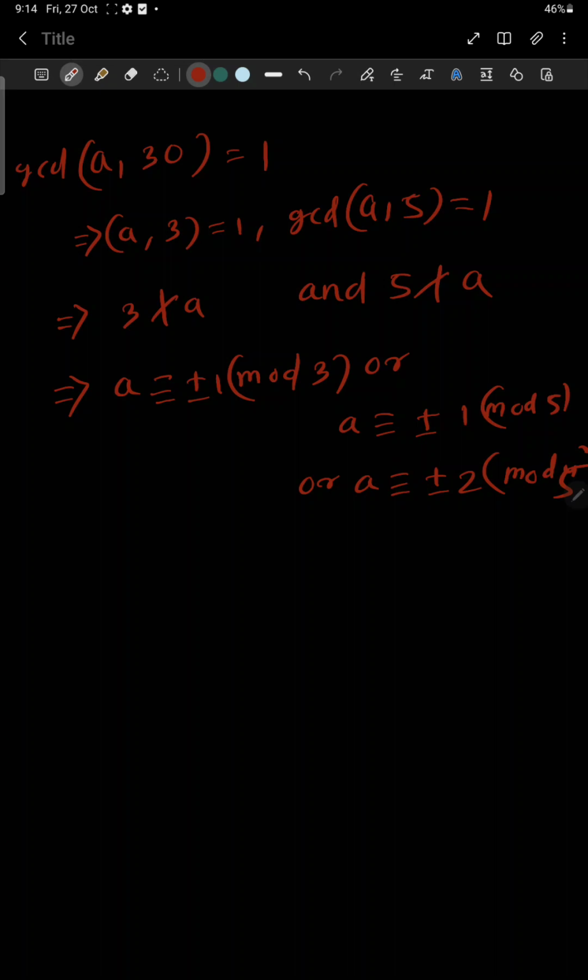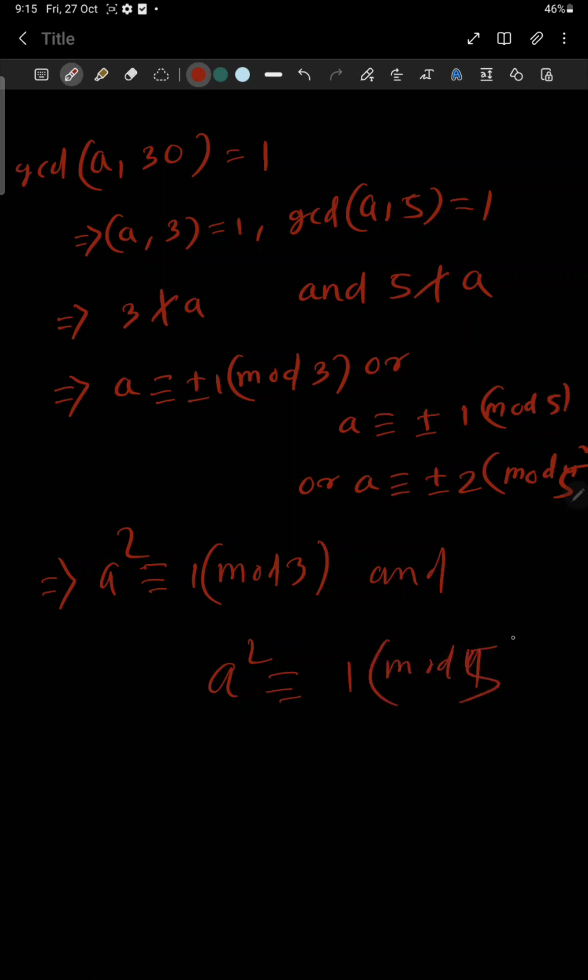If we analyze these 6 cases, we will get that a square is congruent to 1 mod 3, and a square is congruent to 1 mod 5, or a square is congruent to 4 mod 5, but 4 can be written as minus 1 mod 5.